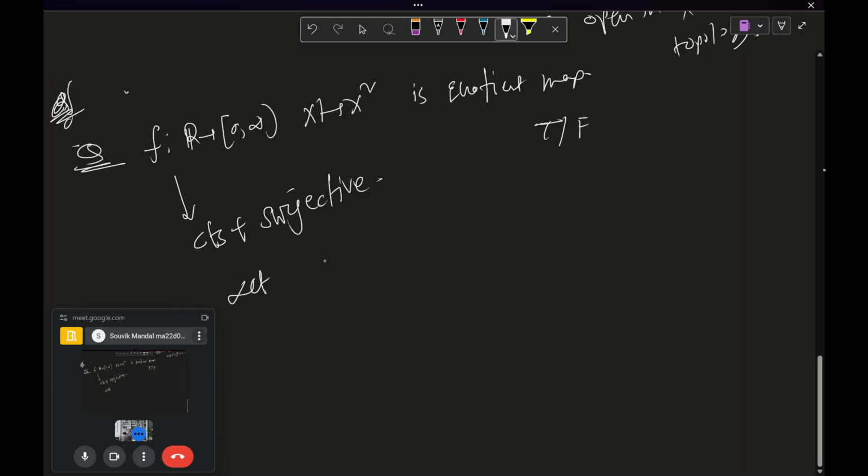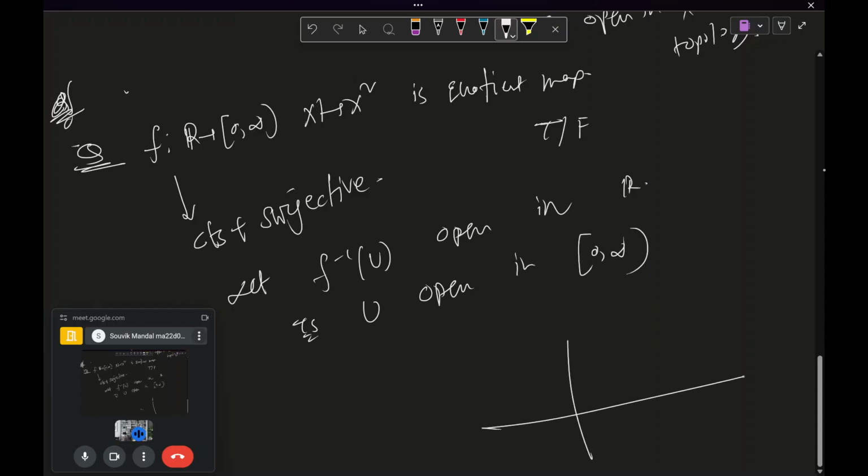So let f inverse of U be open in R. We somehow need to show that U is open in [0, infinity). So let's take a look at the graph of this map. We are taking some U here, and we are considering its inverse images.